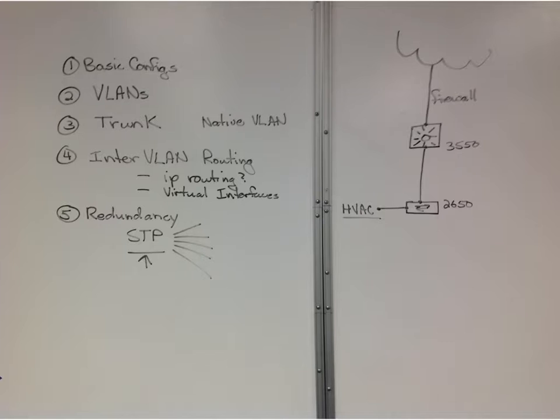And then we did some basic review items. You should be able to do basic configs. You should be able to develop VLANs on switches. You should be able to develop trunks and set up the native VLAN between the trunks. In a multilayer switch, for example like this, you should be able to set up IP routing, set up the interfaces so you can route through the switch.